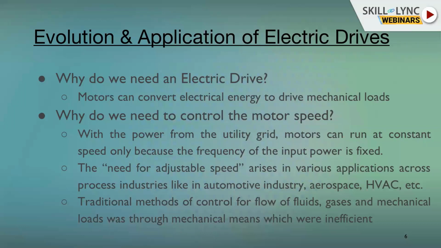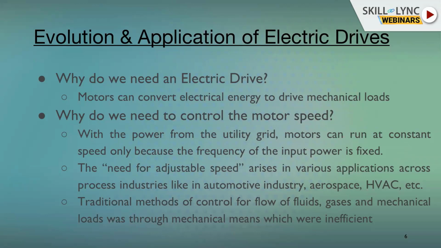So as I mentioned earlier, motors are going to be used to drive the mechanical load, but the power that we get from the utility grid is in a fixed form, and that does not allow us to run the motor at whatever desired speeds we have, or basically it is a need for adjustable speed.